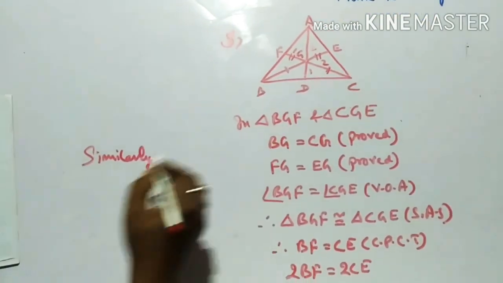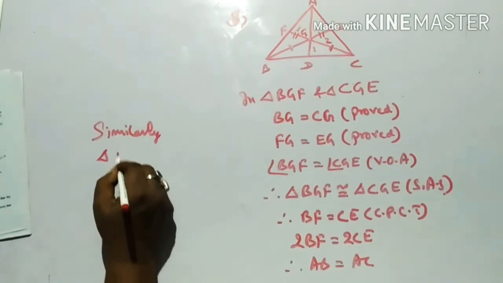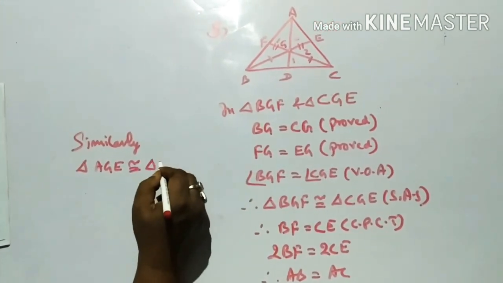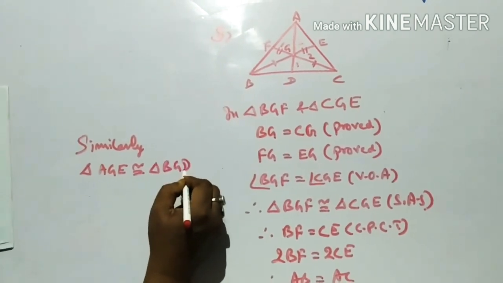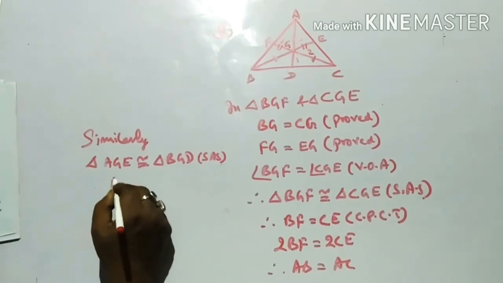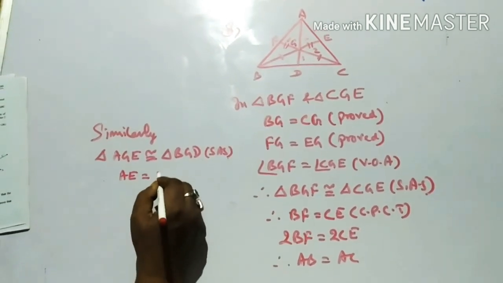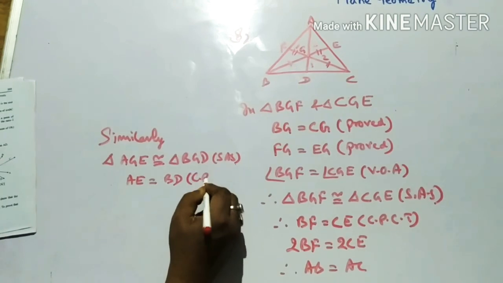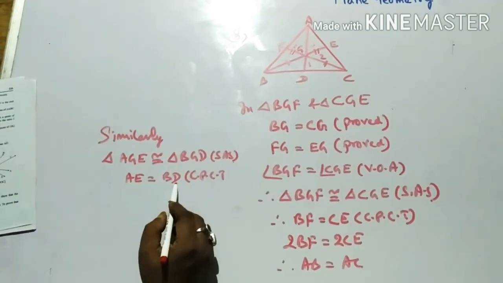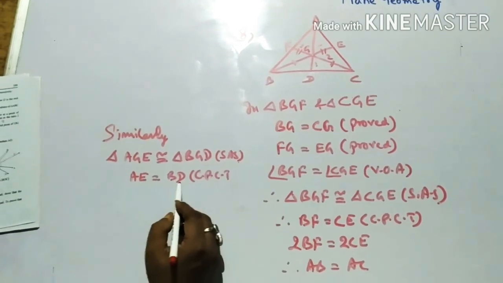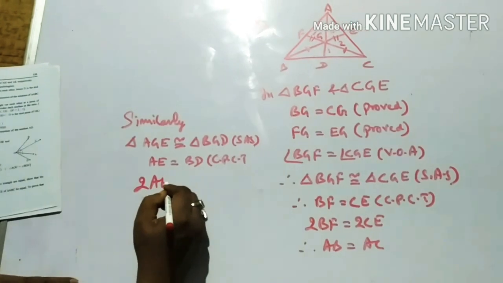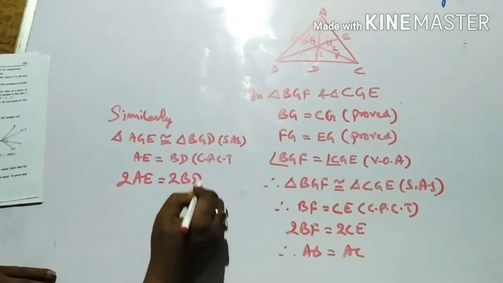Similarly, triangle AGE is congruent to triangle BGD from SAS. So your AE will be equal to BD by CPCT, and since E and D are the midpoints, twice AE will be equal to twice BD.